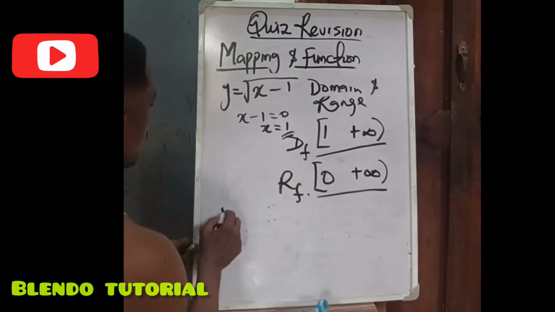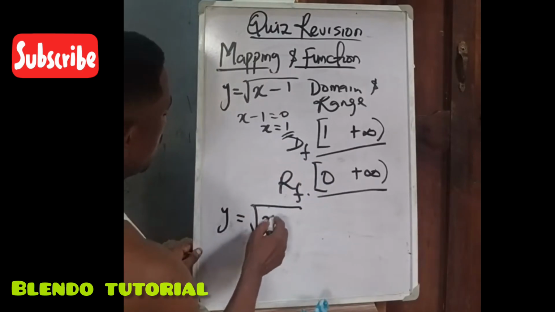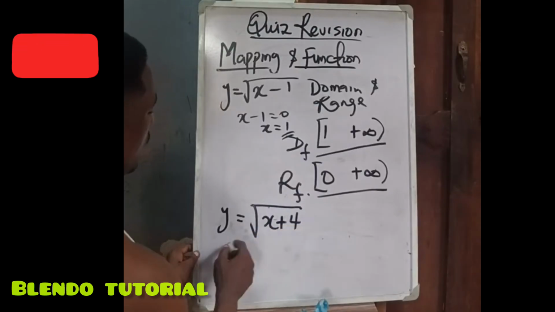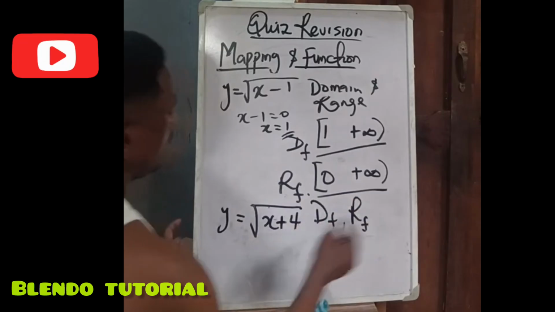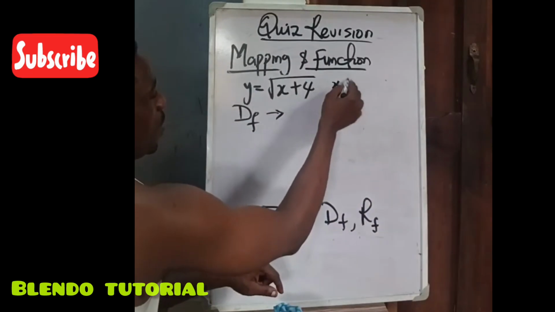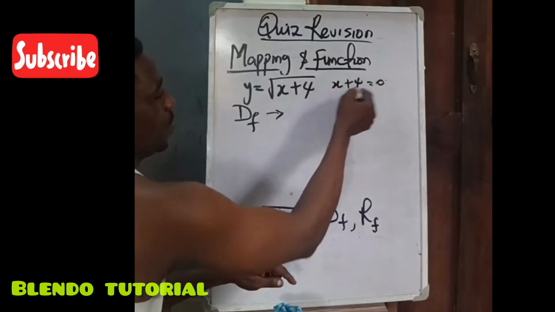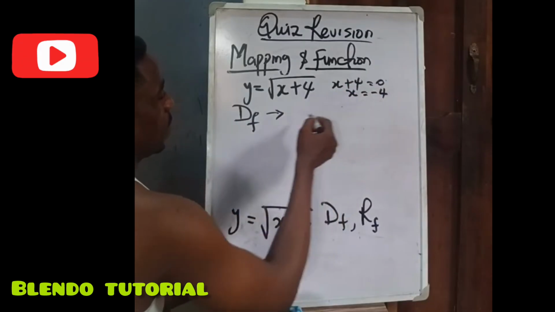So I would like you to solve this. Let me see your answer in the comment section. What is the domain and range of f? We say x plus 4 is greater than or equal to 0, x is greater than or equal to minus 4.